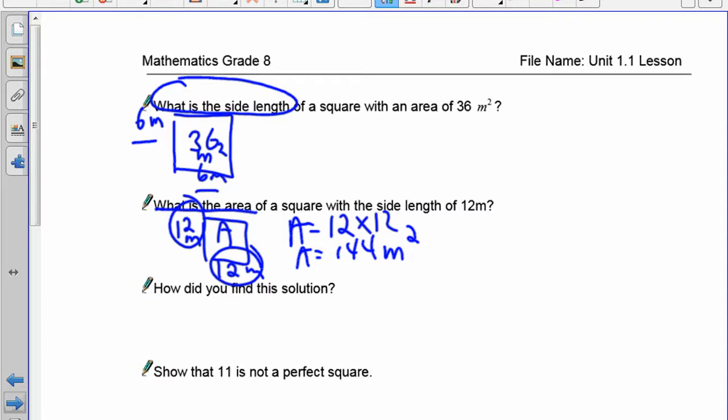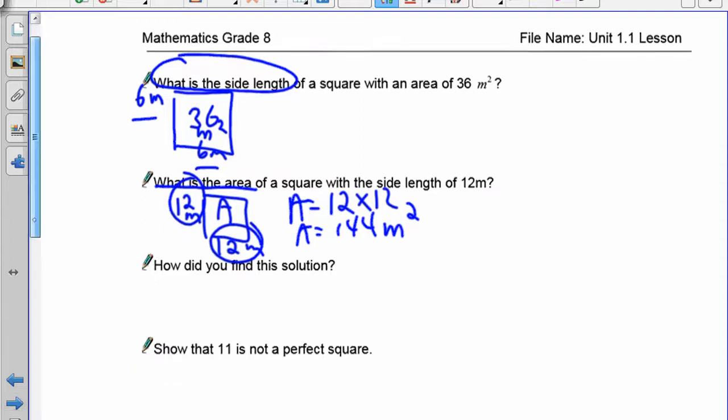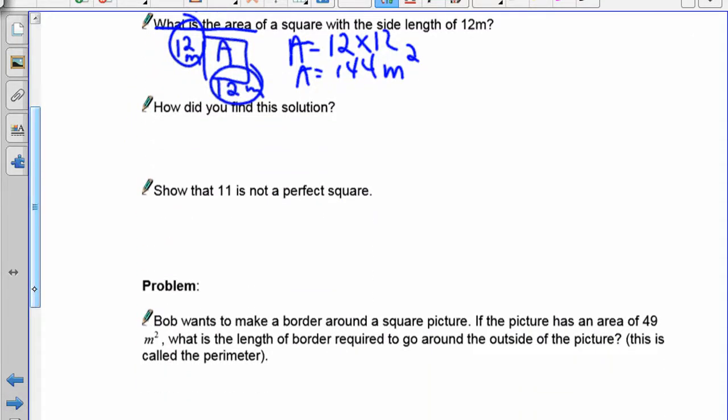There are other options, obviously, and that is using your calculator. But if you use your calculator, you're going to put down the answer, how did you find the solution? I used my calculator, and I'm not going to accept that. You have to give me more than that. So what did you do here? Sorry, I got this backwards. I was thinking of square roots. Okay.